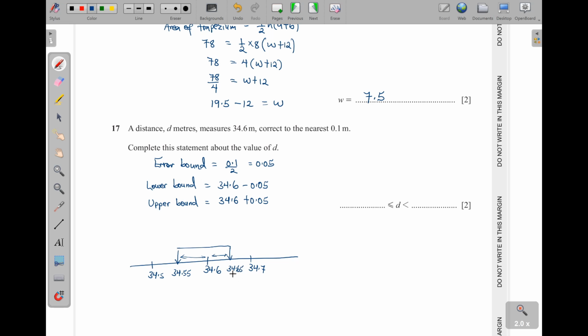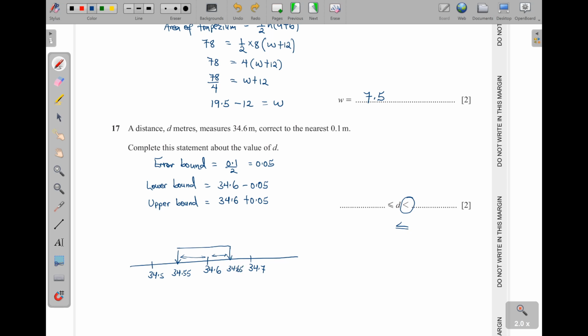But when you round off 34.65 to one decimal place, it is going to give you 34.7. So that's why here they don't give you less than or equal, but it is just less than, because when you take this value here, the result ceases to be 34.6.